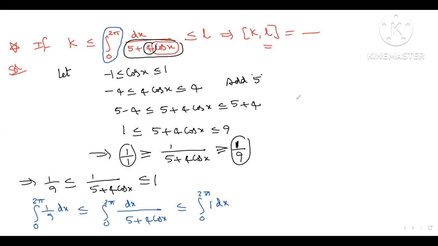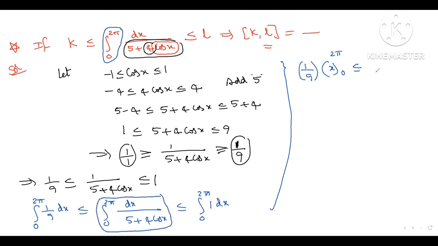Here 1/9 is constant, so 1/9 times the integral of 1 dx, which is x, from limits 2π to 0. The middle value is the statement. And on the right, the integral of 1 dx is x from 2π to 0.